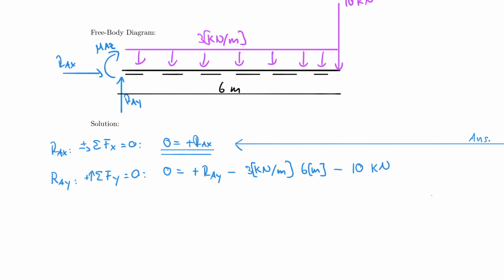And 3 times 6 is 18 and 10 is 28, so therefore my RAY comes out to be positive 28 kilonewton. This is a result, therefore I have to double underline it and also use my answer arrow.